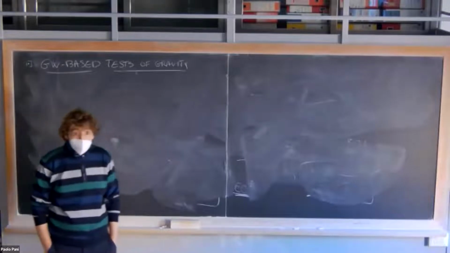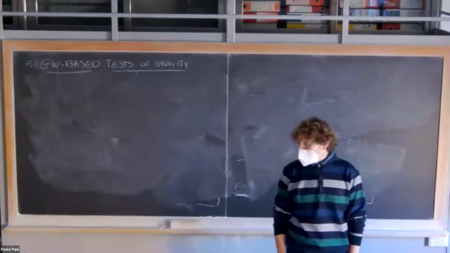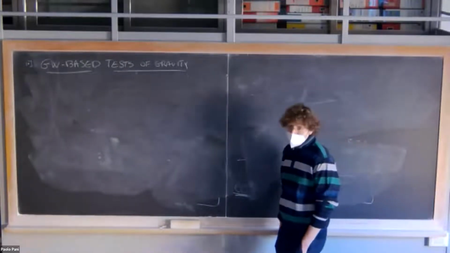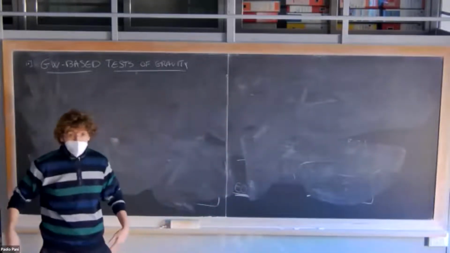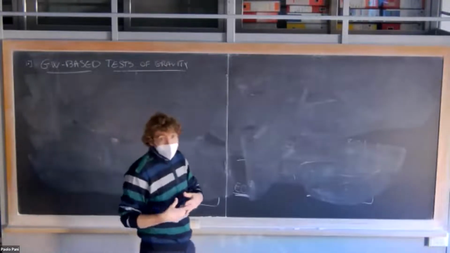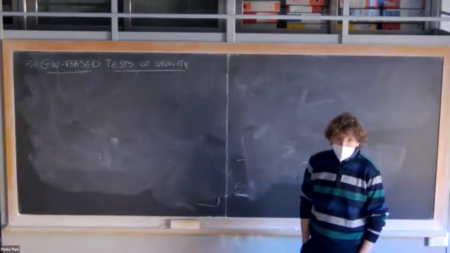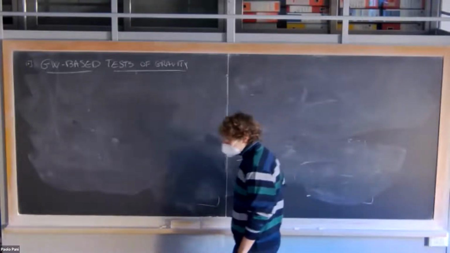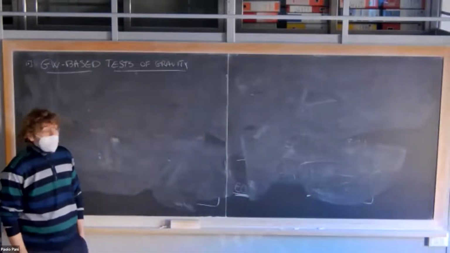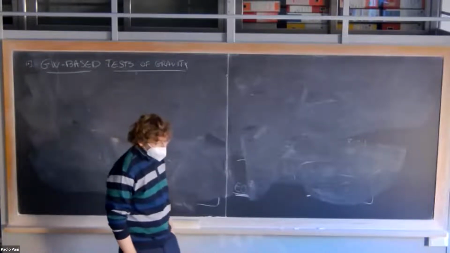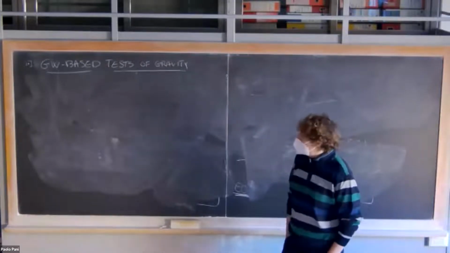But the crucial point is that for binary systems sufficiently close to each other, the goal is to model what is called the coalescence, so the fact that the two objects emit gravitational waves, approach each other, merge, and possibly form a black hole that vibrates. And these different phases, the inspiral, the merger, and the ringdown, can potentially be used to test different aspects and different sectors of many different fields.